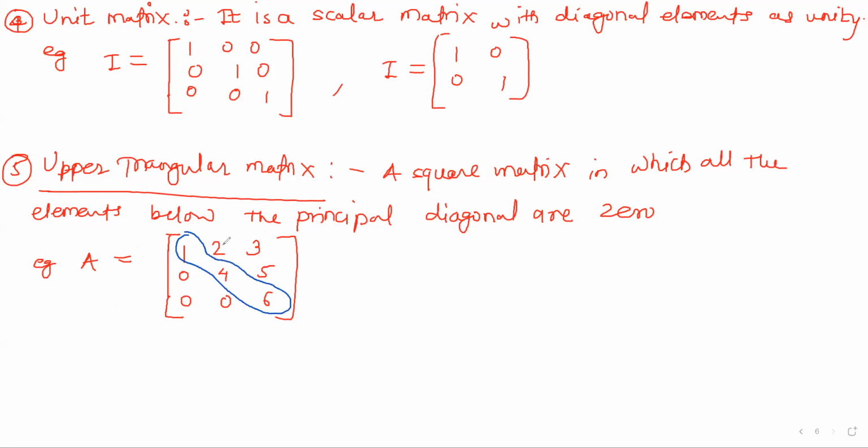The case is reverse for the lower one. When the elements above are 0, you call it a lower triangular matrix.